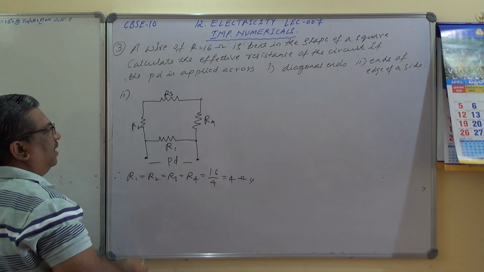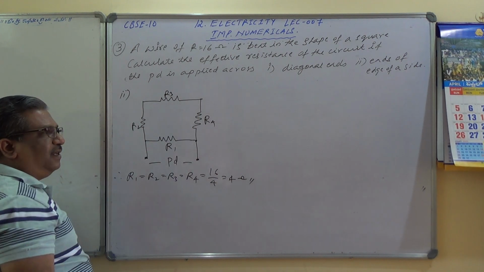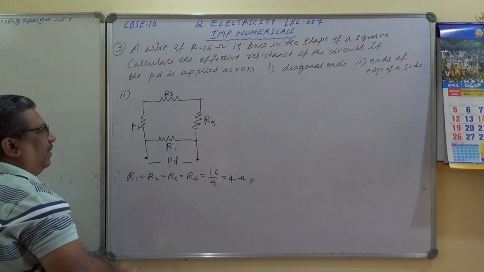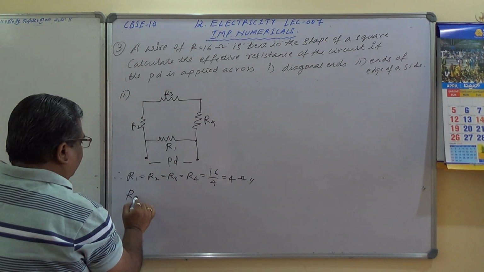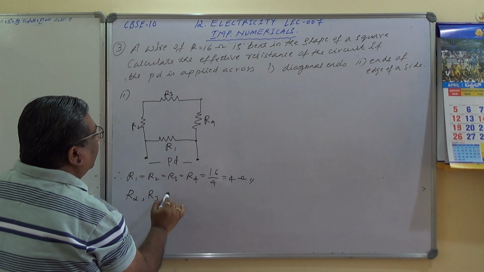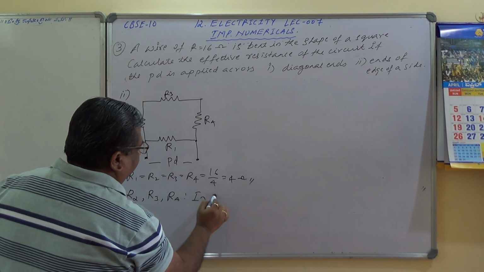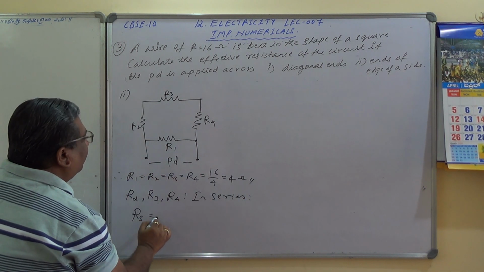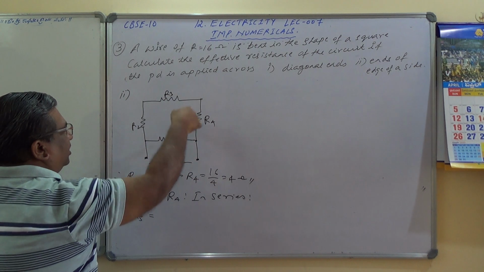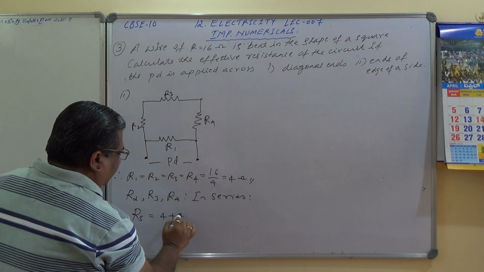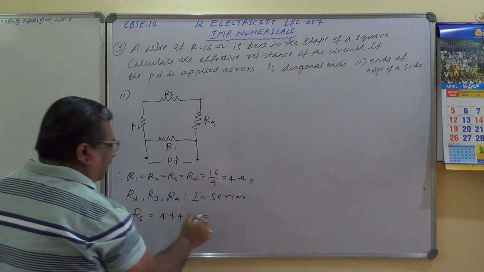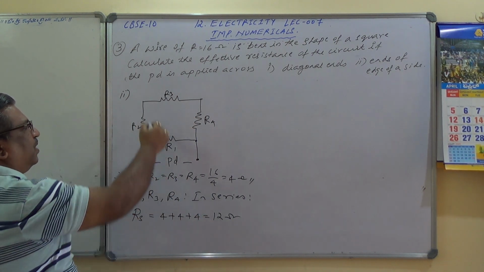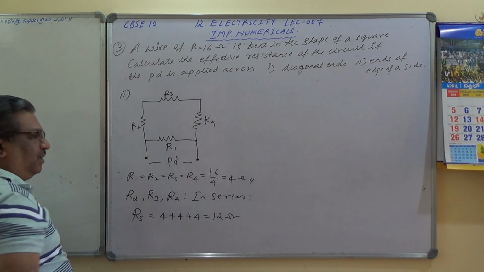Therefore, R2, R3, R4 are in series combination, and put together that one is in parallel combination with R1. So R2, R3, R4 in series, and therefore Rs equals 4 plus 4 plus 4, 12 ohms. All this put together is in parallel combination with R1.